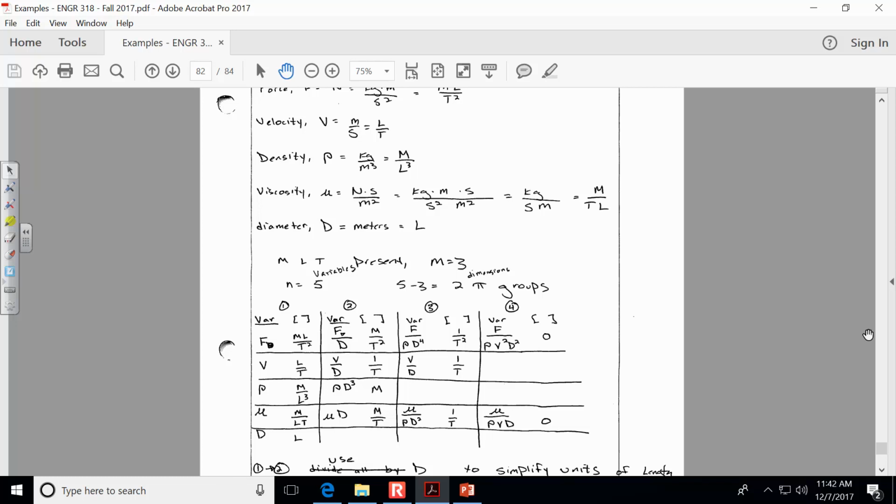Okay, so there are 5 variables. N is 5. M is 3, so that means we should have 2 pi groups out there. And I'm going to put together a table where we have the variables in one column and the units associated with each variable or variable group in another column.